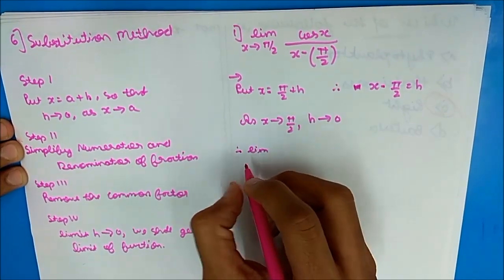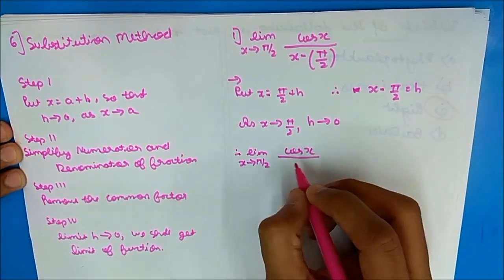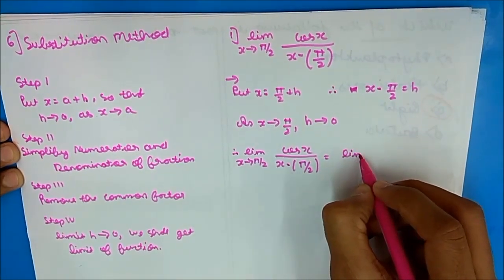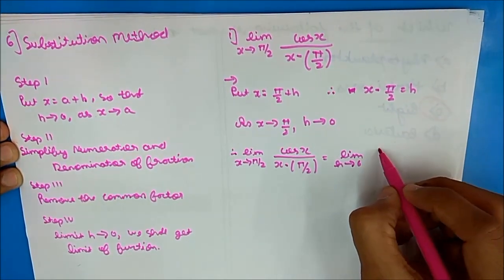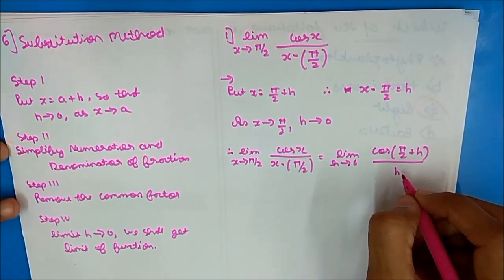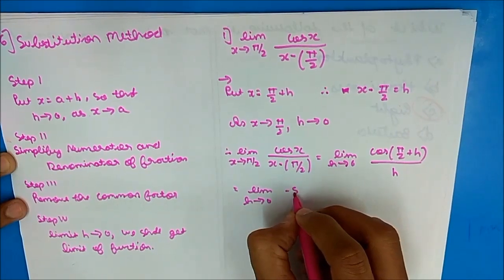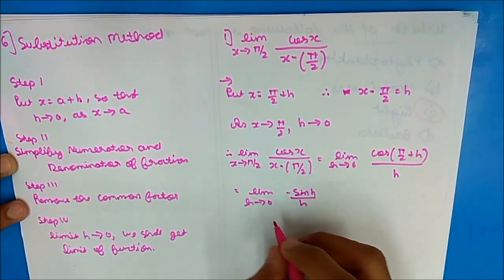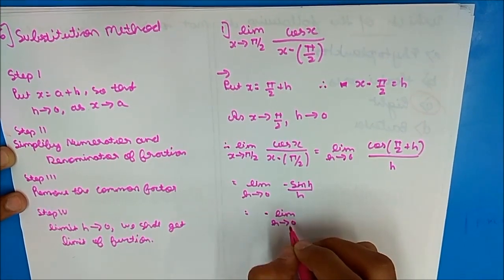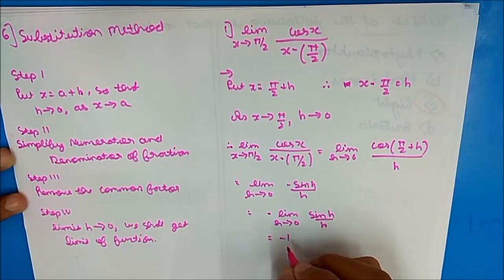Therefore limit x tends to pi by 2 of cos x upon x minus pi by 2 is equal to limit h tends to 0 of cos of pi by 2 plus h upon h, that is limit h tends to 0 of minus sin h upon h, that is minus limit h tends to 0 of sin h upon h, that is minus 1.